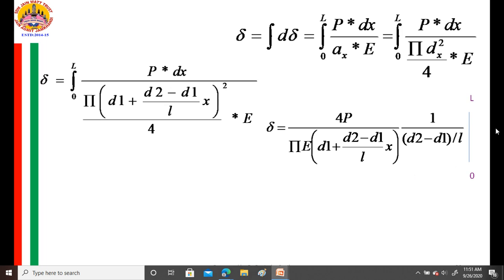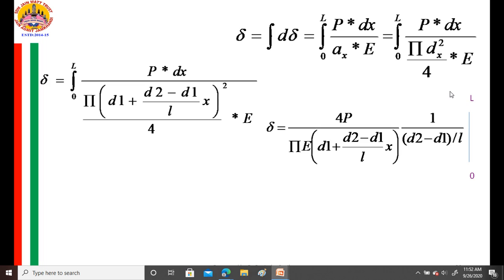Yes, I need to substitute the limits of the integration, 0 to L. Substitute it. Rearrange the terms. 4P, this L is coming here, 4PL divided by πE, (d2 minus d1) is there. Go for the upper limit.